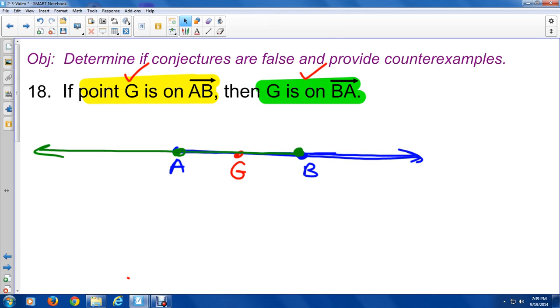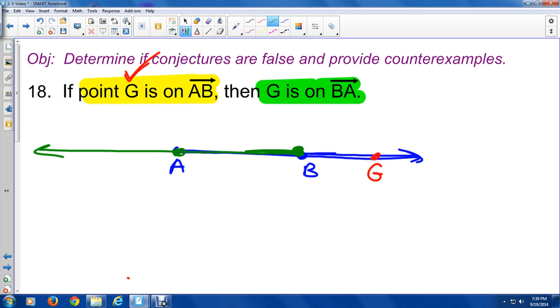Point G has to be on ray AB. That's the blue ray. So point G can't go on the other side of A, but point G could go on the other side of B. And if I move point G down there, it's still on ray AB, so the hypothesis is still true. Let's see if the conclusion follows. Is G on ray BA? Recall a ray only goes infinitely one direction.